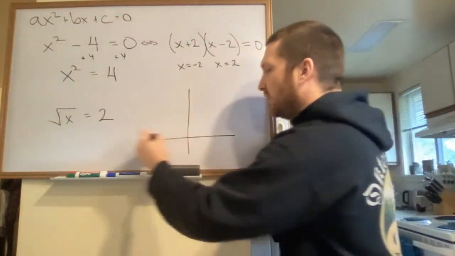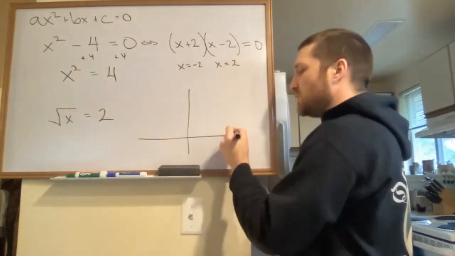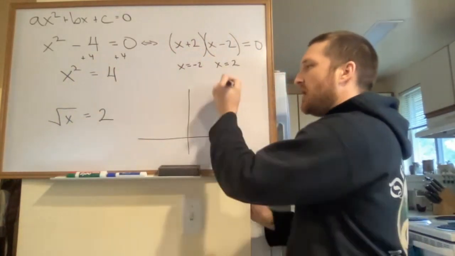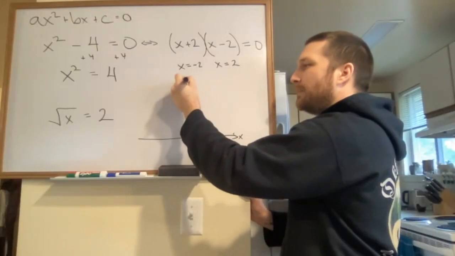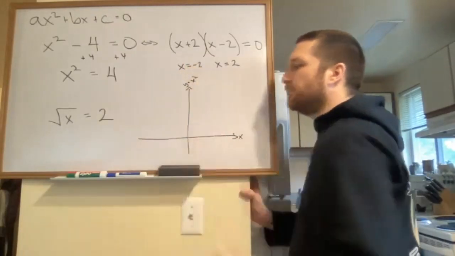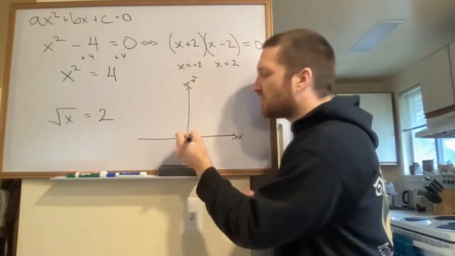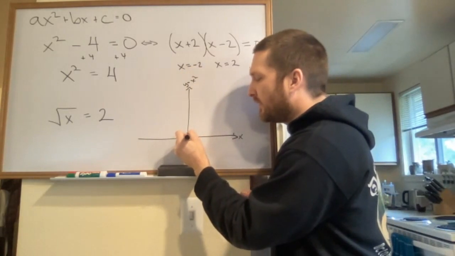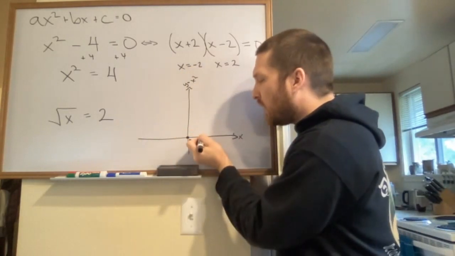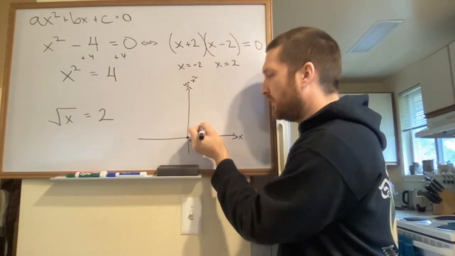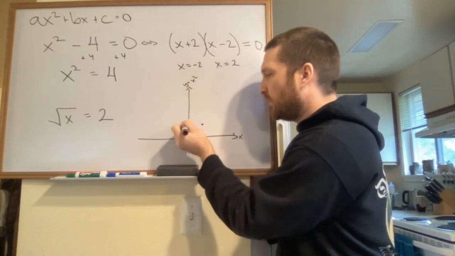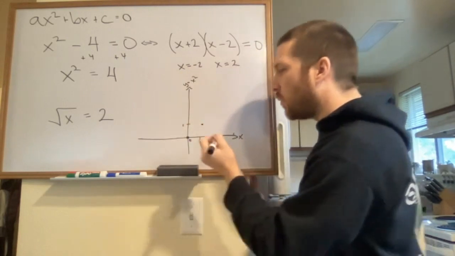Let's imagine that I'm taking x input values, and what I'm going to plot is what happens when I square those input values. What is 0 squared? 0. What is 1 squared? 1. So we plug in a 1, we square it, we get 1 out.